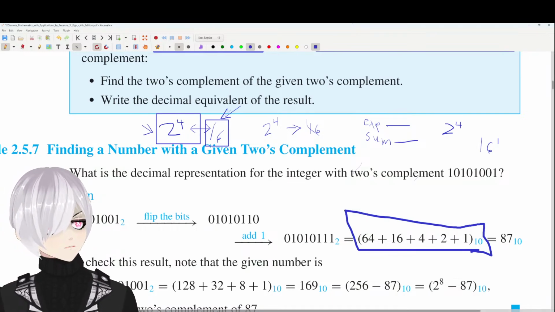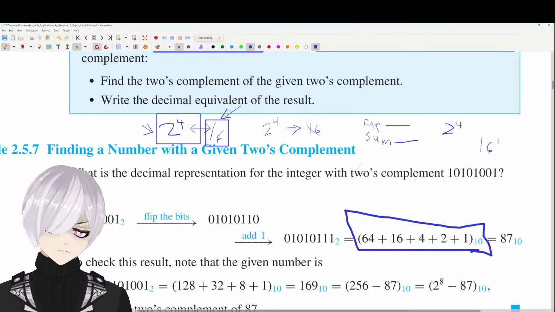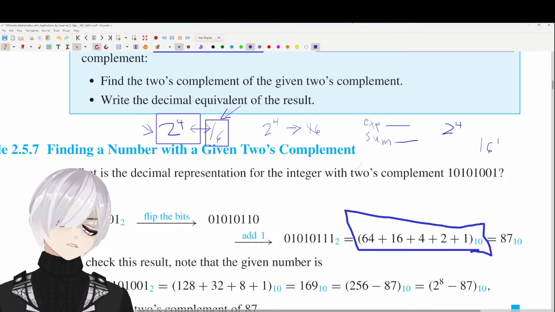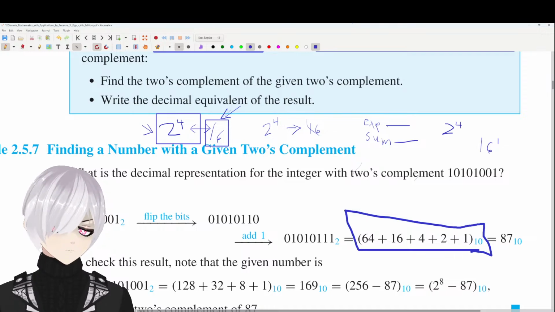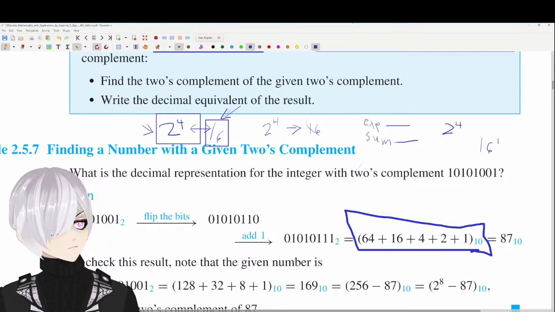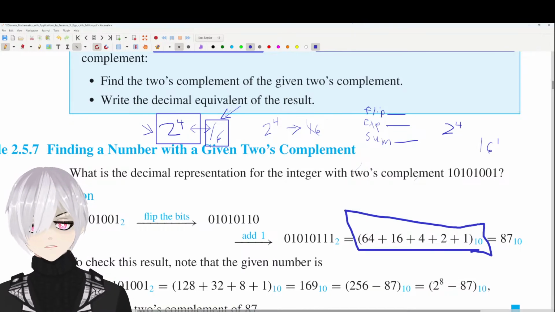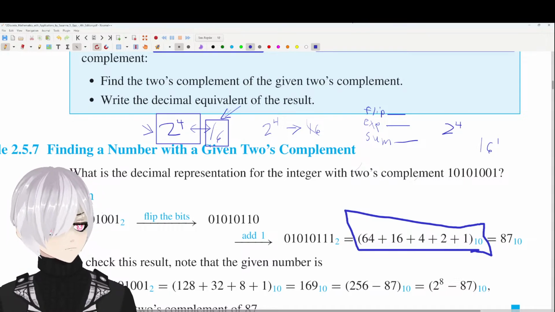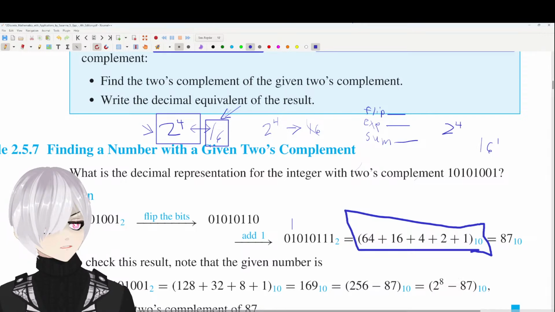Or well, we're given the two's complement, and to find the original number we've got to find the two's complement of the two's complement. So we flip the bits, then we add one, then we have the binary representation of the original number. Then to figure out what that is in decimal notation, we've got to go through and add all of the powers of two that have a one in the corresponding spot.